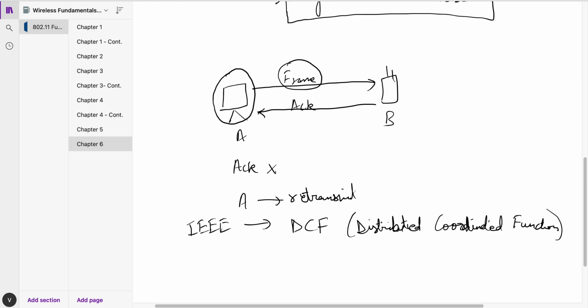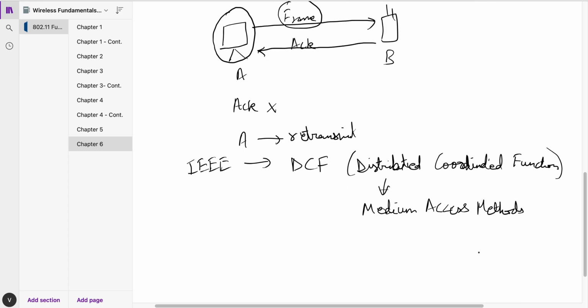This is a medium access method which is followed by all the clients in the Wi-Fi world. They have to go through this for them to be able to send traffic in the medium. Okay, so DCF we will talk more about in the coming videos.